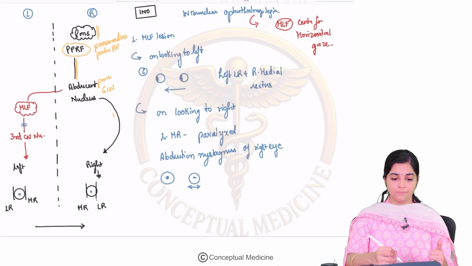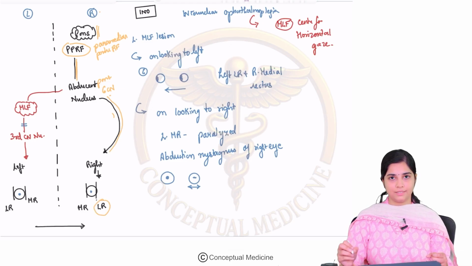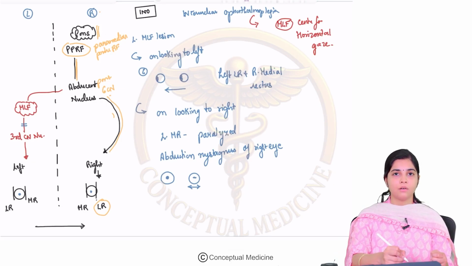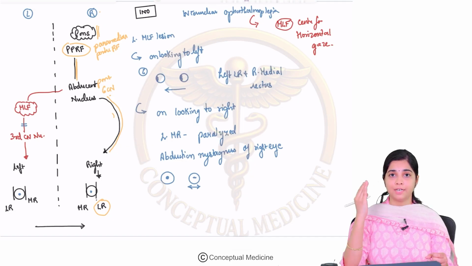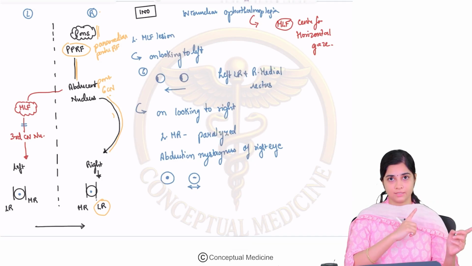So the PPRF is going to supply your sixth cranial nerve nucleus, the abducent nucleus at the pons, and hence it is going to supply your right lateral rectus. The PPRF also ensures a contralateral contraction of the medial rectus to move in the same direction.